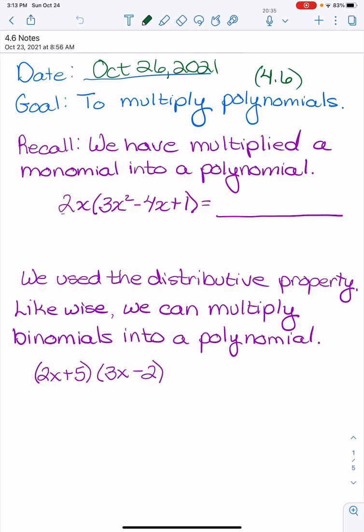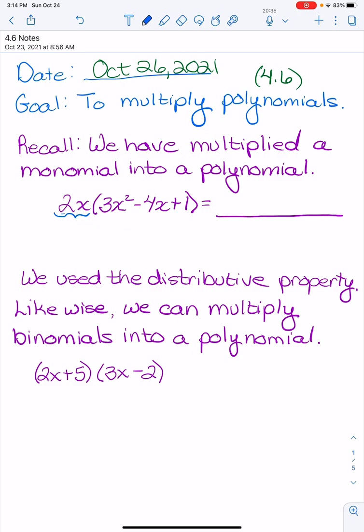So what we've done in the past, if you remember, we had a monomial term that we multiplied into, in this case, a trinomial. Okay, so we add our exponents because we're multiplying, and we're going to multiply the coefficients. So I'm going to go ahead and erase these arrows so I can draw them as I do them.